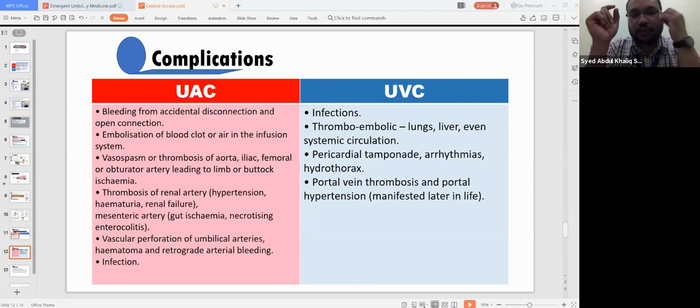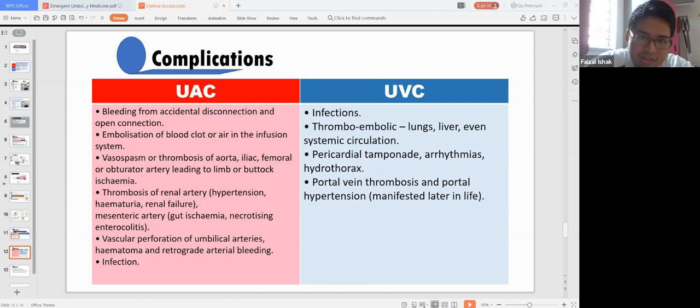One of the cases that I handled was where the junior doctor accidentally cut the UVC when trying to remove it. Because of pressure, the tip of the UVC went inside the liver, dislodging into the distal part of the liver.